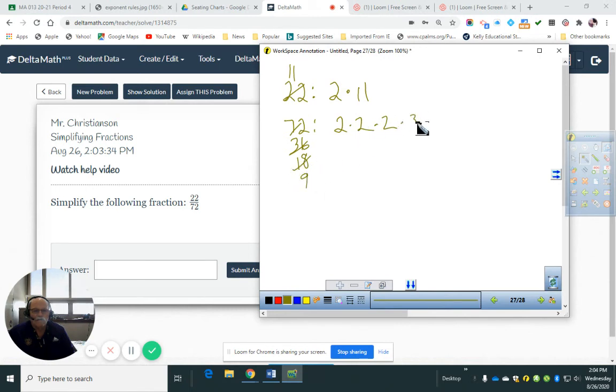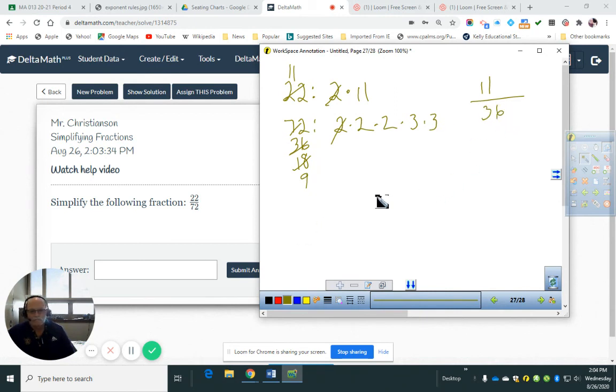And so that means 3 times 3. Okay. Now, if we look at this, there's a 2 here and a 2 here. So if we cross those out, whatever's left is going to be your reduced fraction. So I'm going to have 11 over, let's see, 9 times 4, 36.